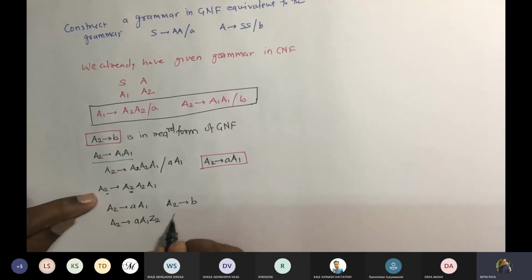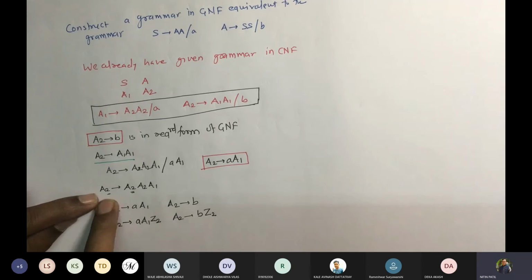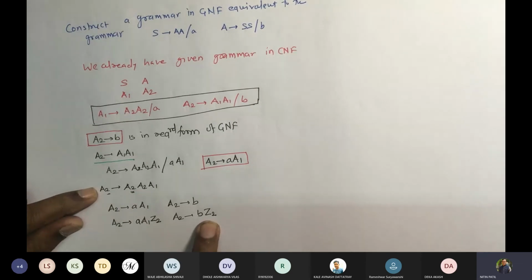Similarly, I will rewrite this production as A2 gives B Z2. Why did I do so? I saw these indexes are matching. If this is A3, then I am not going to introduce this variable. When to introduce this new variable? If and only if you see these indexes are matching.